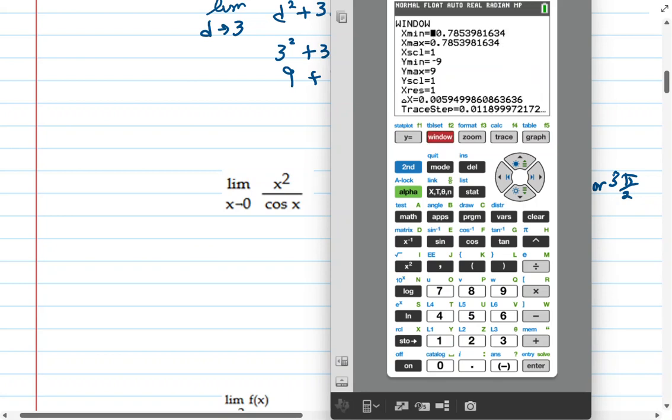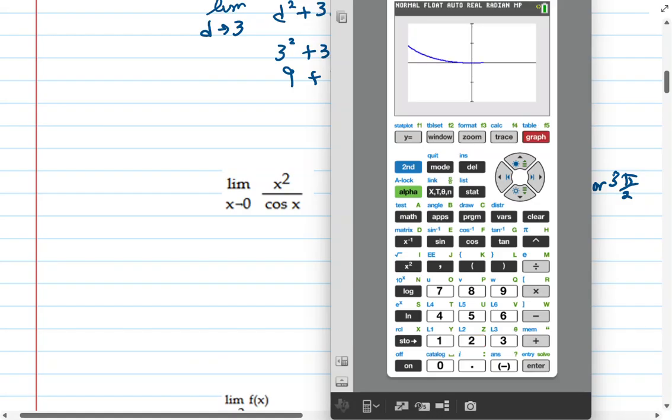So let's go with a negative 2 and a positive 2 and see how that graph looks. Perfect. We can see it approaches 0. So we're going to do a second calc value, and we see that at 0 we have 0. So that's what we have, a 0.